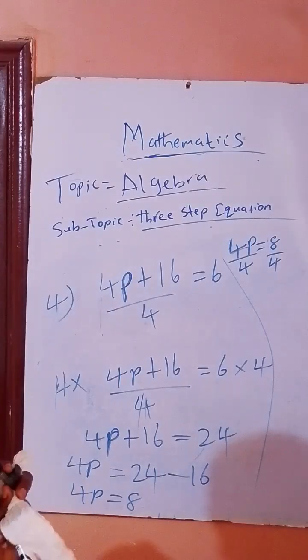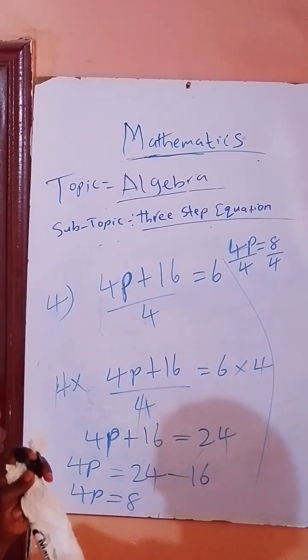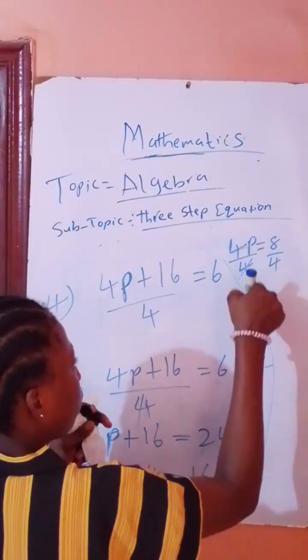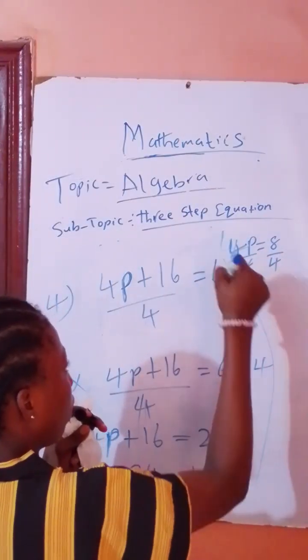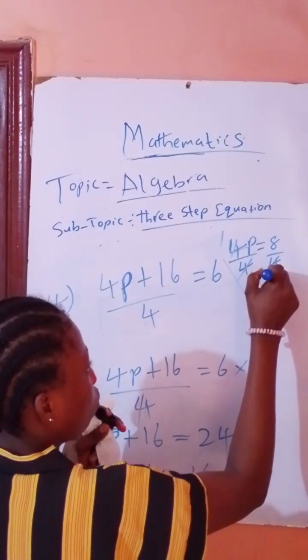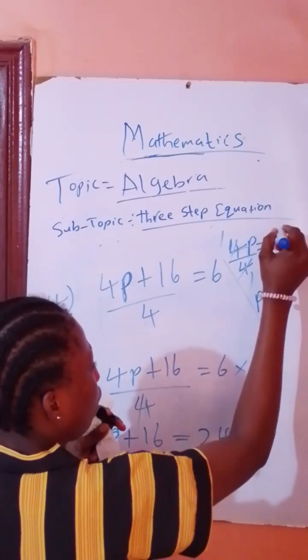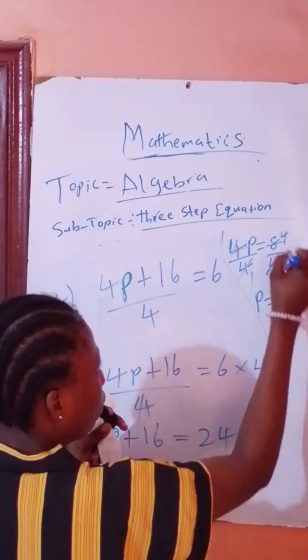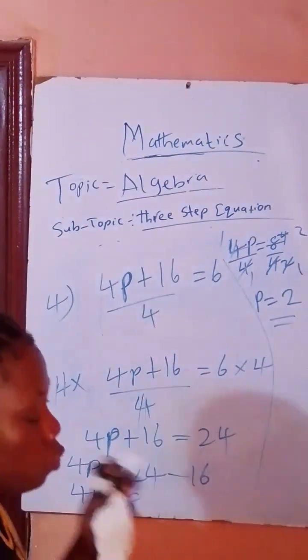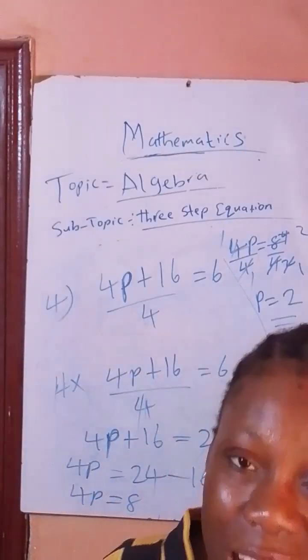Then we have 4p over 4 equals 8 over 4. This 4 divided by itself is 1. We have p equals 2. Our p is 2. Our final answer is 2.